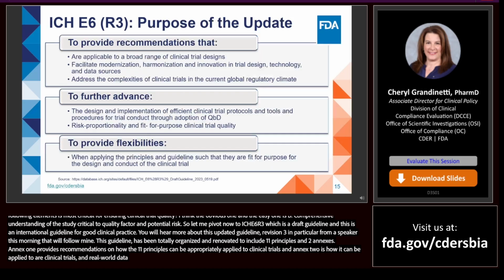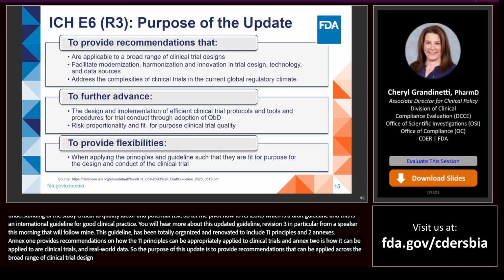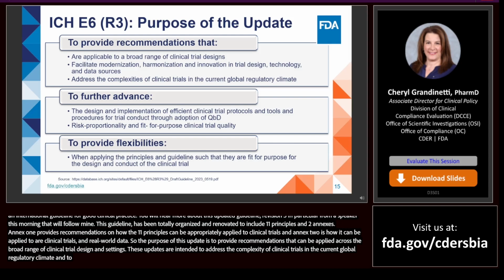So the purpose of the E6R3 update is to provide recommendations that can be applied across the broad range of clinical trial designs and settings. These updates are intended to address the complexities of clinical trials in the current global regulatory climate and to facilitate modernization, harmonization, and innovation in clinical trial design and conduct. So the guideline is grounded in these concepts of quality by design and risk proportionality, and it supports fit-for-purpose clinical trial quality.